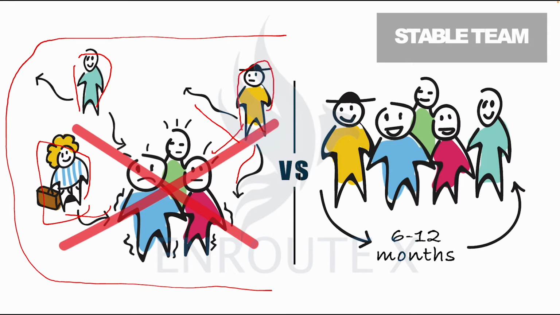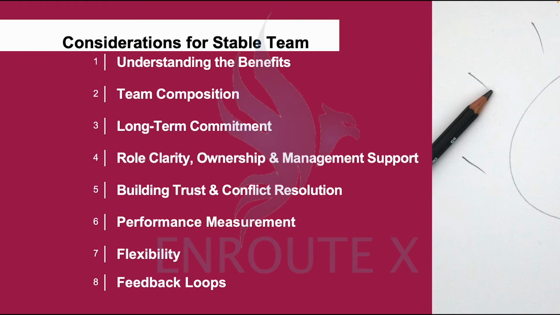So those are some of the things that have to do with stable team. But in essence, stable team is when the members are not pulled out or pushed back in frequently, when you have a group of membership that does not change frequently. So let's quickly now look at some of the considerations of stable team.